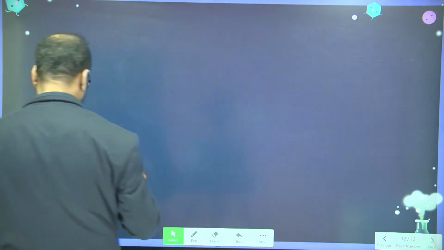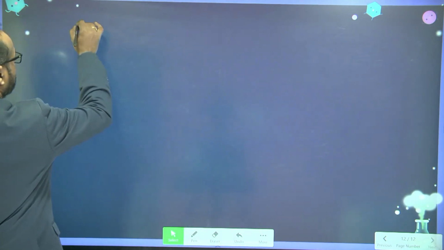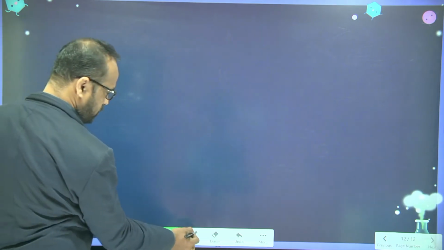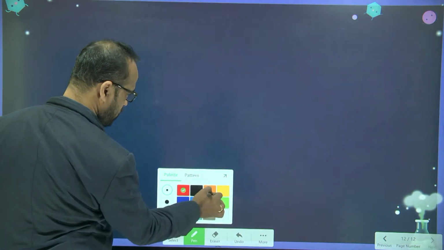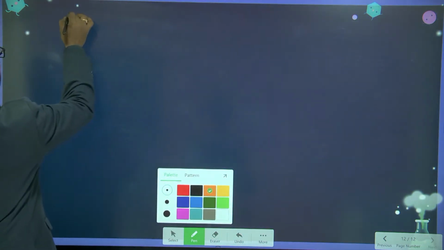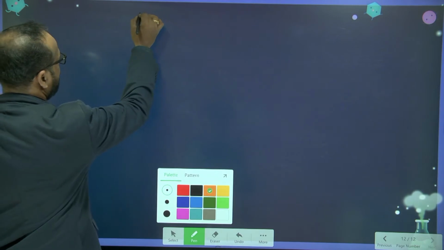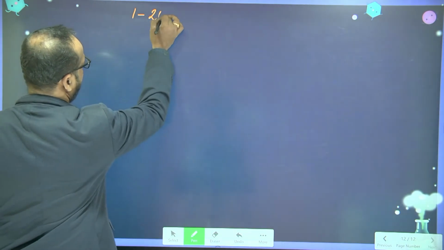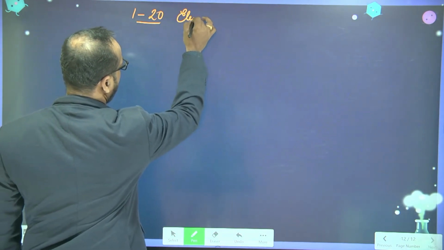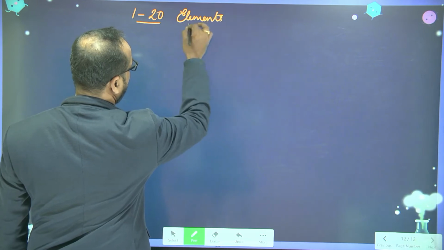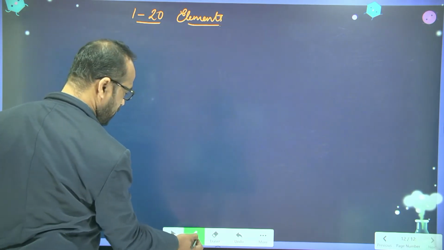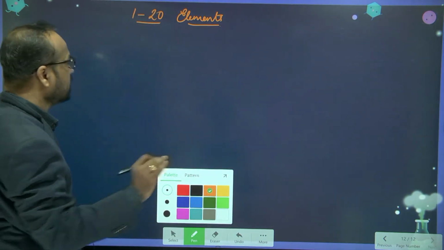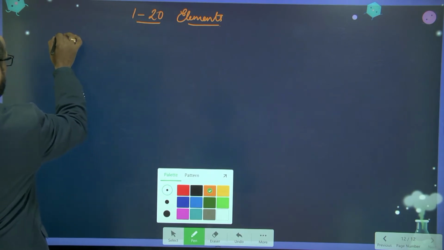So here you see students, the first 20 elements. First I will write atomic number. I am writing the first 20 elements you have to learn. First we make 3 columns here.